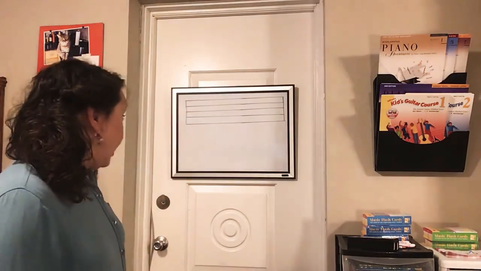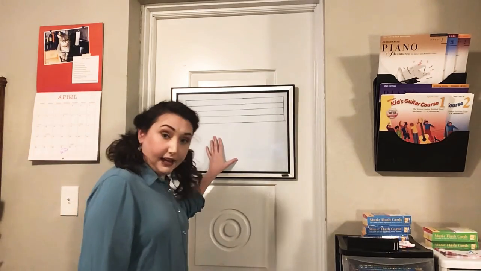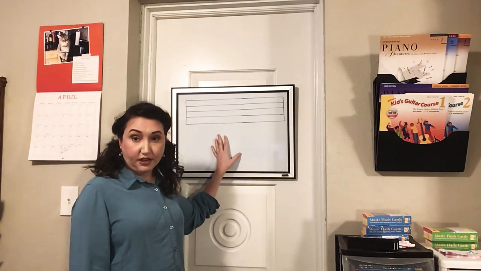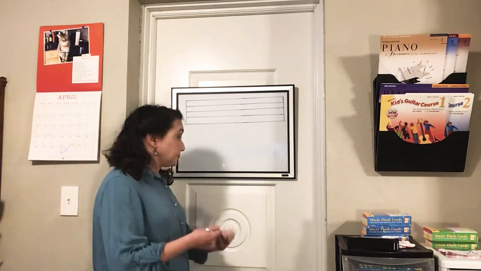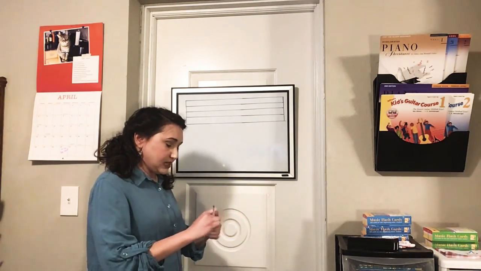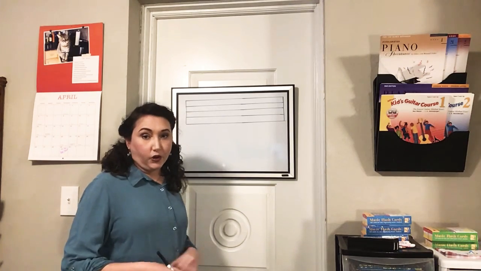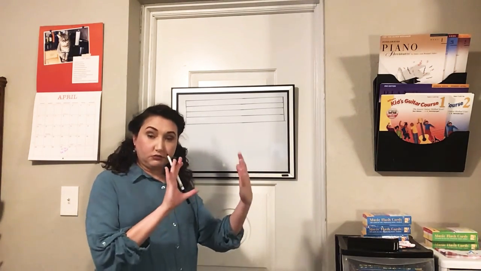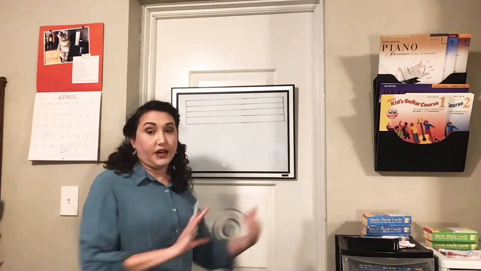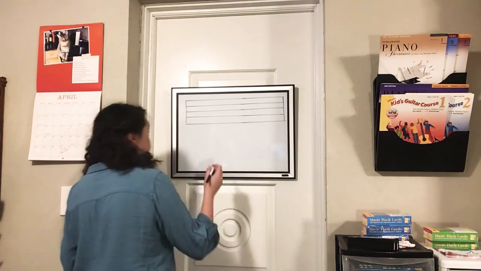So I've already gone ahead and drawn a 5-line staff up here. Music is divided into what are called measures. Measures are little units of time that we see on the page, and each measure is divided by what we call a bar line. So let me go ahead and write some in here, okay?